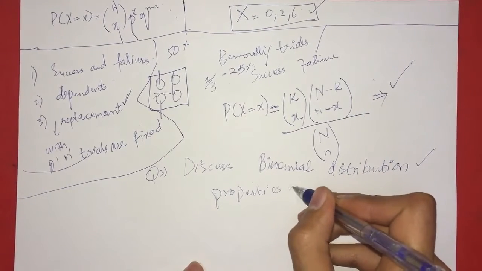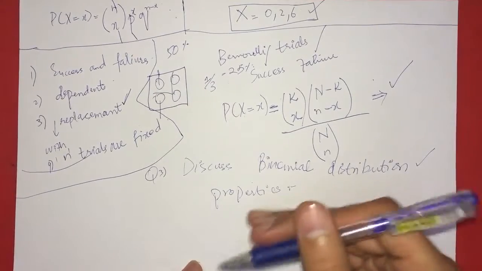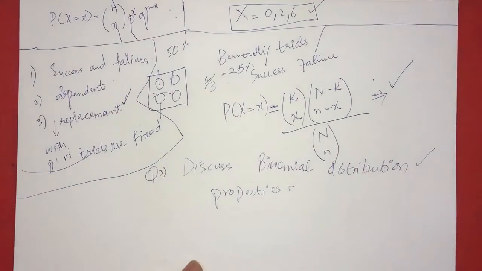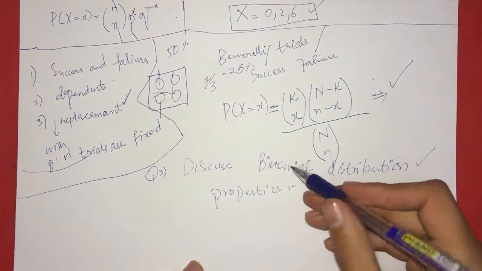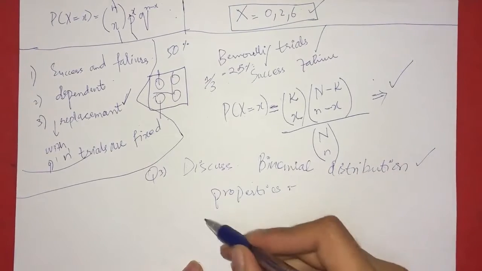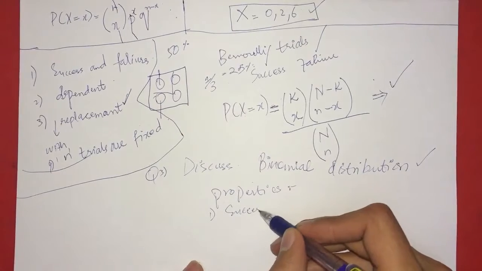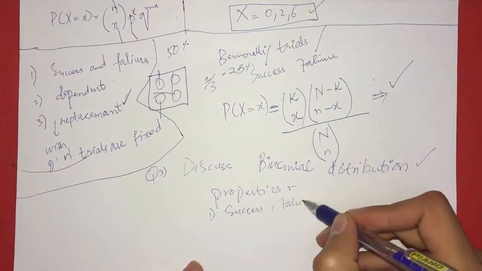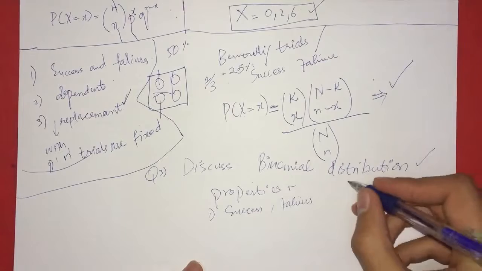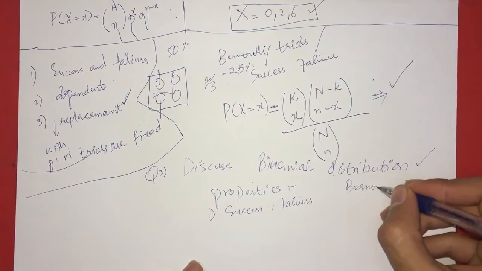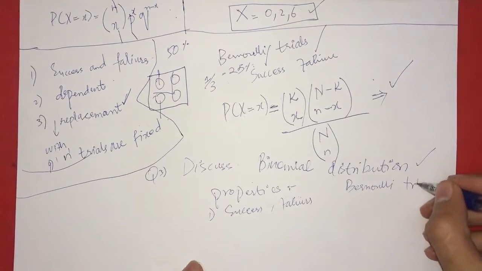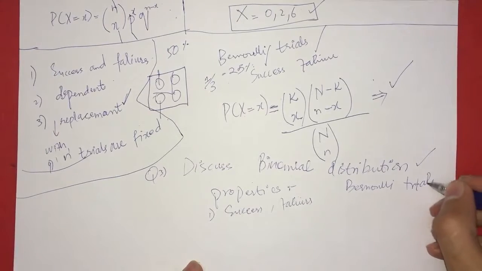The main difference between this and hypergeometric is the dependency and independency of the experiments. So in the properties, you have success and failures, so you have Bernoulli trials in the binomial distribution as well.